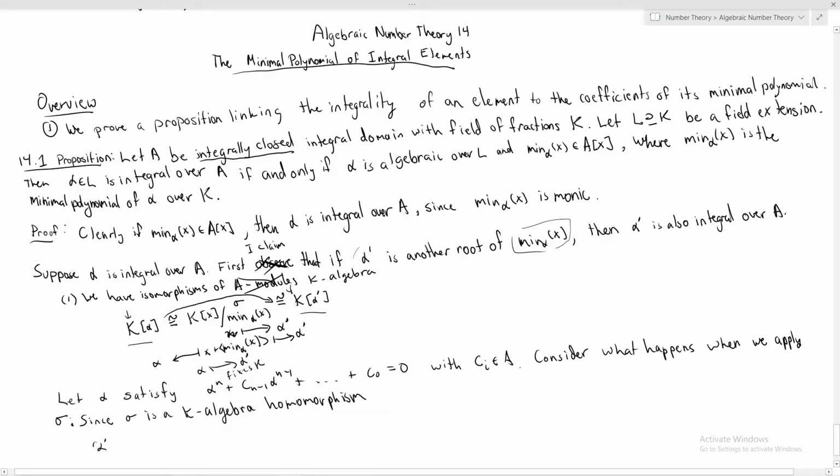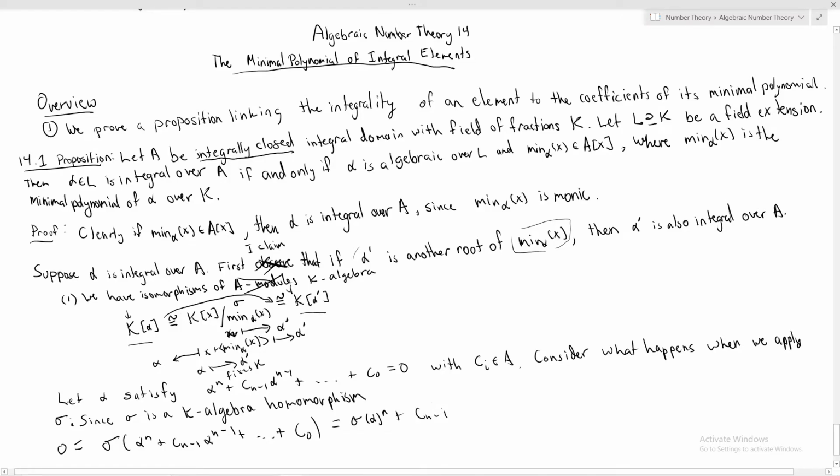when I plug in alpha prime to this thing, let me do this more carefully. Sigma of the whole thing is going to be 0, since sigma of 0 is 0. It's sigma of alpha to the n plus c n minus 1 alpha to the n minus 1 plus c naught, which, using the algebra homomorphism properties, is sigma of alpha to the n plus c n minus 1.